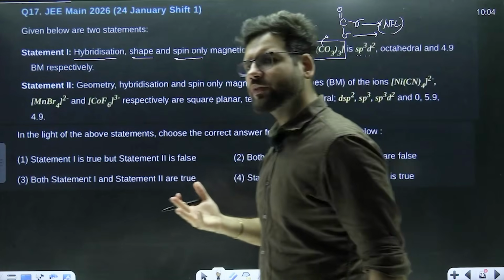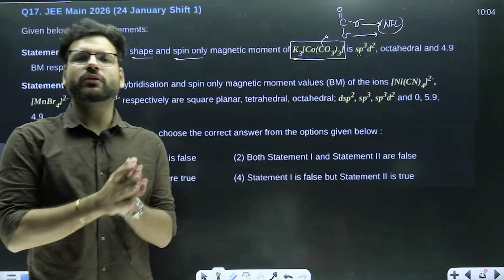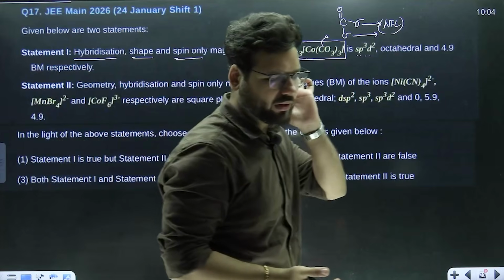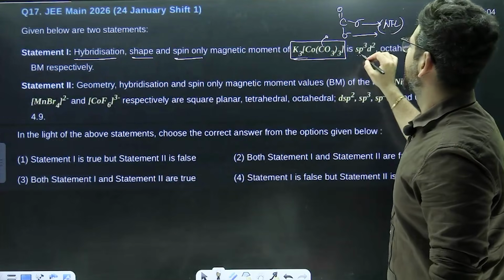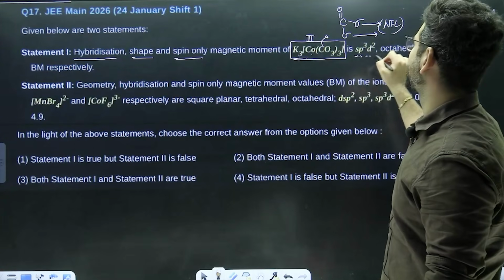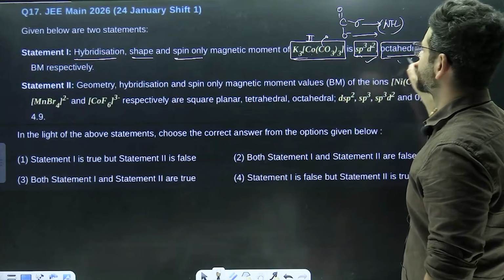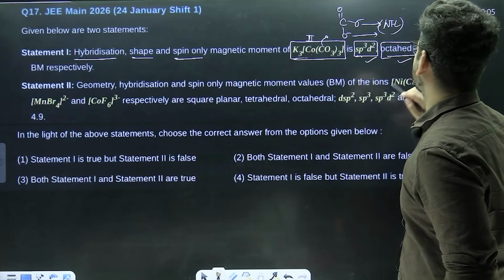Oxygen donors are always weak field ligands, like water is a weak field ligand. Okay, oxalato is one exception for cobalt plus 3, but in general OH minus is weak, water is weak, oxalato is also weak. It's a weak field ligand for us. So weak field with cobalt plus 3 have to go for outer orbital. That is correct, sp3d2. It is octahedral, yes, because here carbonato is acting like a bidentate ligand, so octahedral.